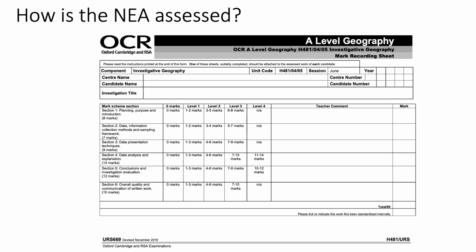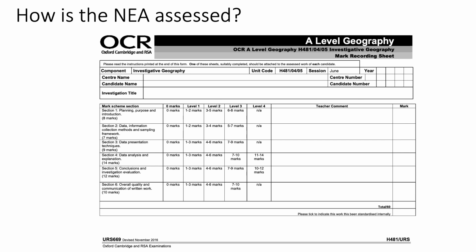So, how is this assessed? I'm going to talk about this briefly now, and this is something we will cover much more later on. So, it's a set marked out of 60, and you can see that there are 6 sections: planning, purpose, and introduction. This includes your use of geographical research, use of data, information on collection methods, and sampling framework.